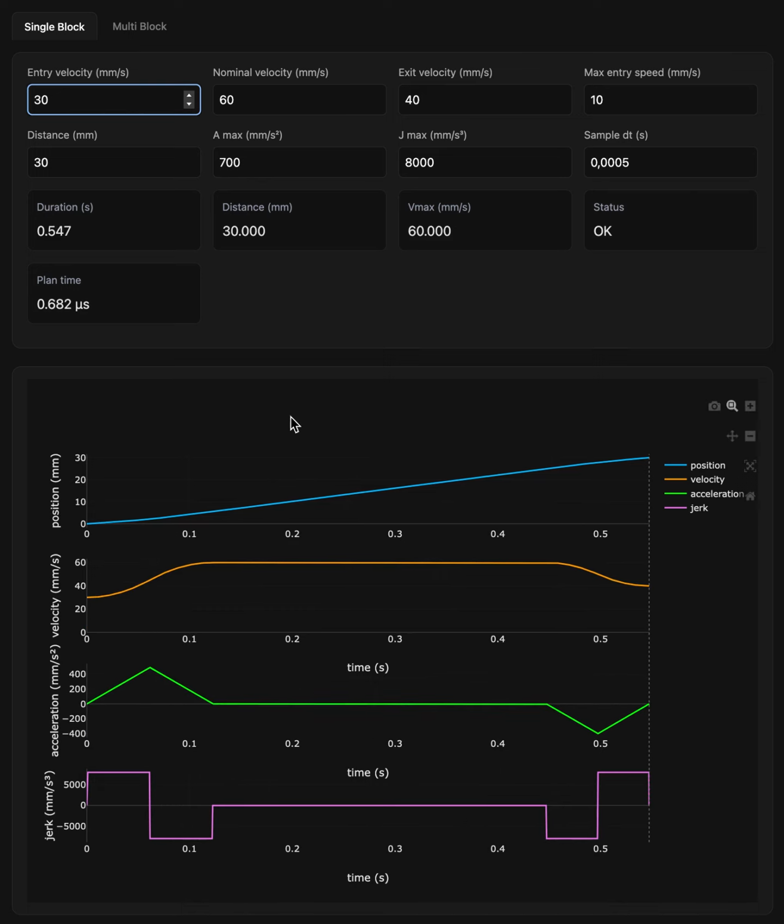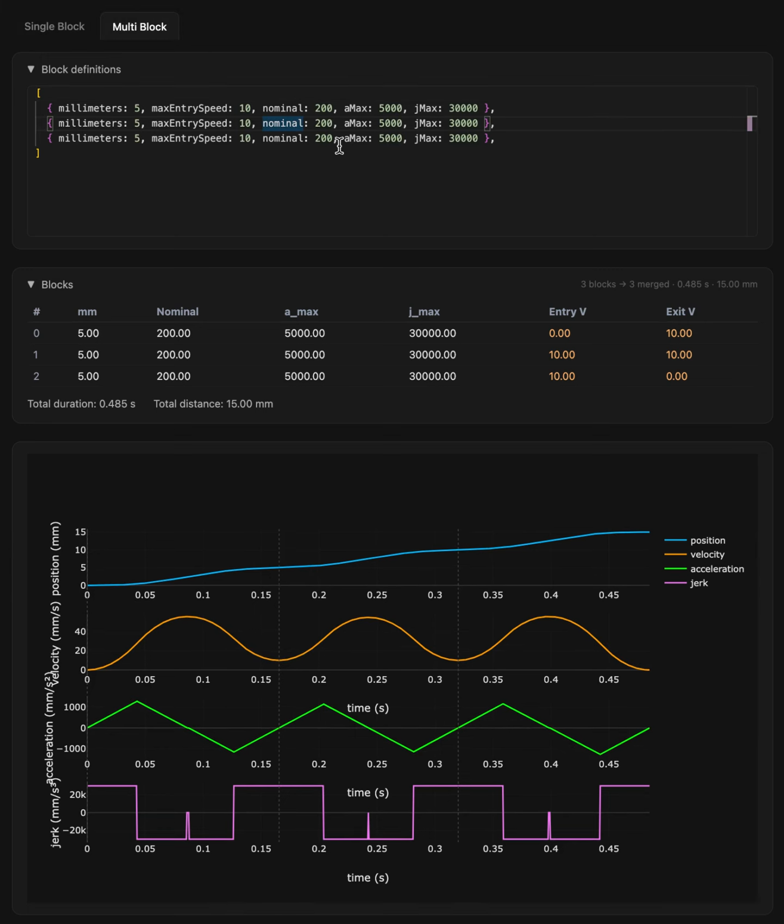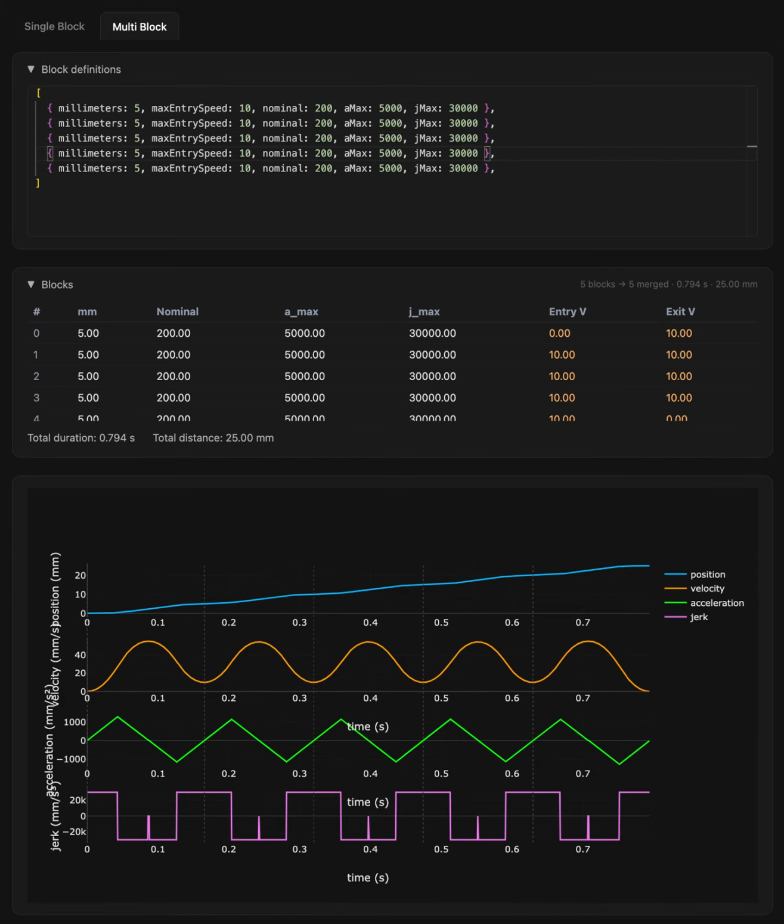Now, one detail here that I'm going to talk about more during the planner is that acceleration at start and end of blocks is fixed to 0. The reason for that is that the planner gets a lot more complicated otherwise. What happens during planning is one has multiple blocks in RAM at the same time, and one needs to create an optimized plan.